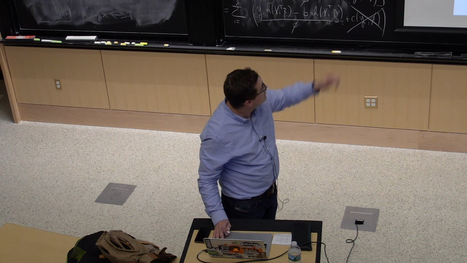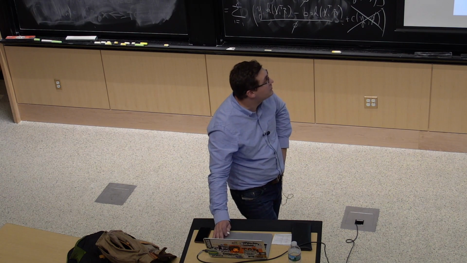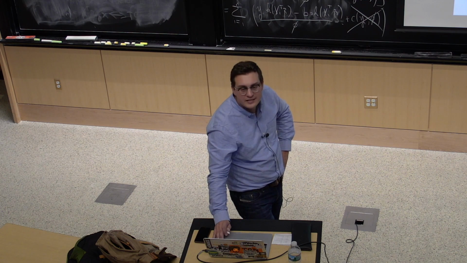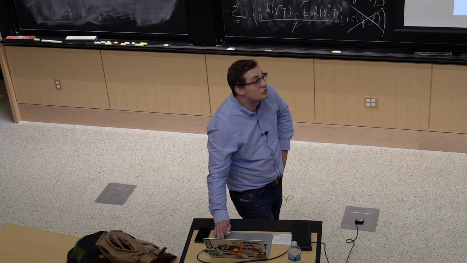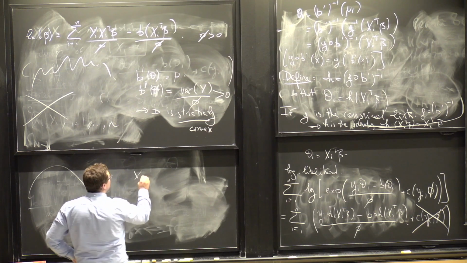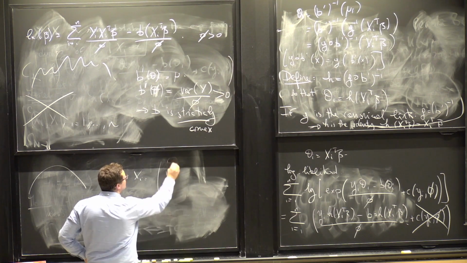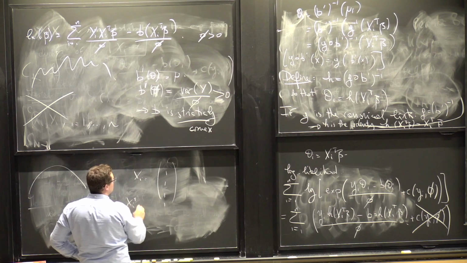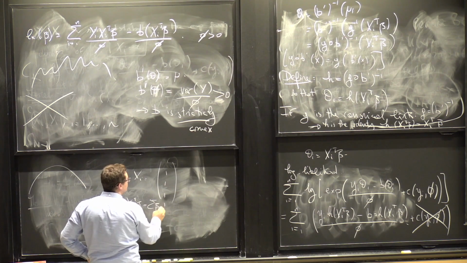OK, so this is what I say here. The log likelihood is strictly concave. And so as a consequence, under extra assumptions on the Xis, because of course if the Xis are all the same, like if xi is equal to 1, 1, 1, 1, 1, then xi transpose beta is just the sum of the betas.